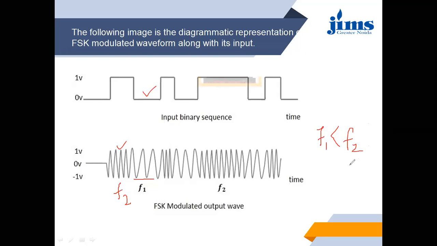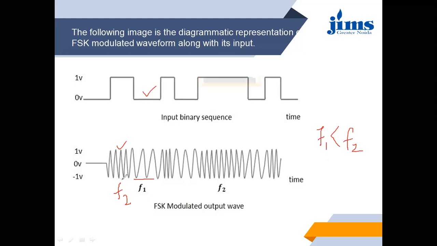Or we can take vice versa also. It is not mandatory that whenever the binary data is high or positive, we have to take high frequency, or whenever the binary data is low, we have to take low frequency. We can take the vice versa condition also, where whenever the binary data is high, we take a low frequency, and whenever the binary data is low, we take a high frequency.